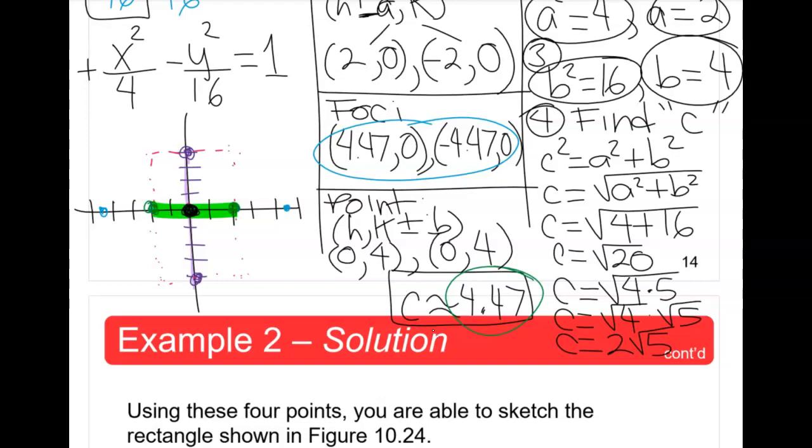I don't want to make them solid, so trace those lines. Those are the asymptotes, but of course we need the equations.